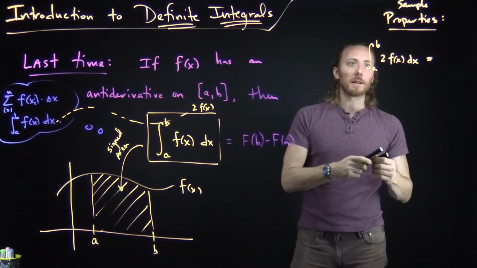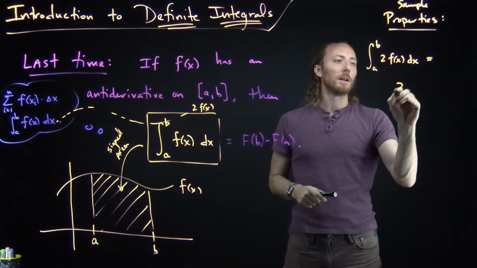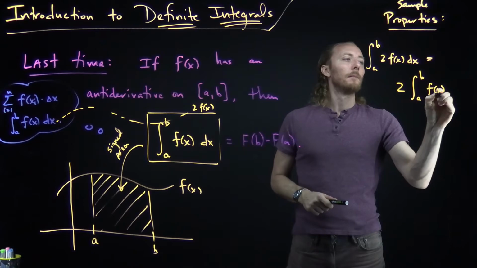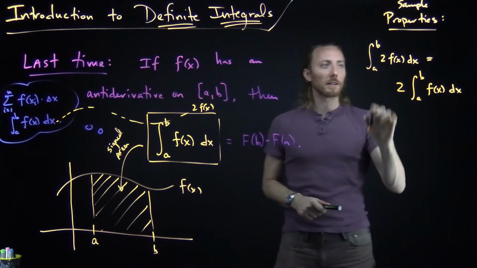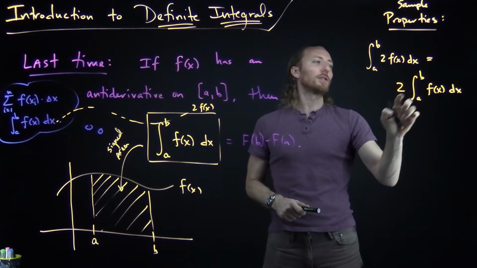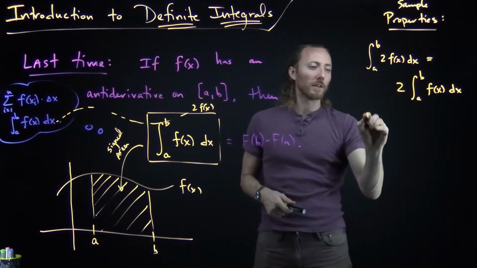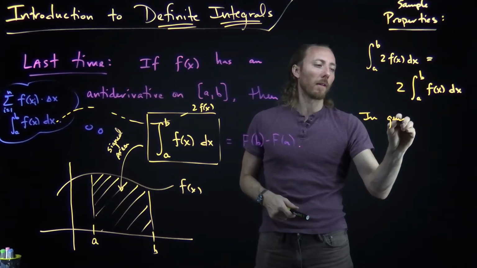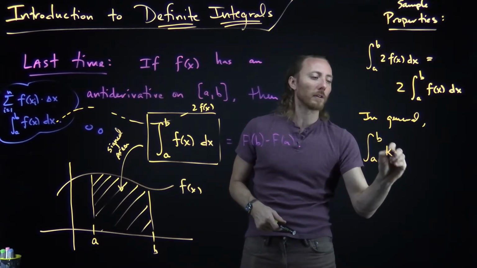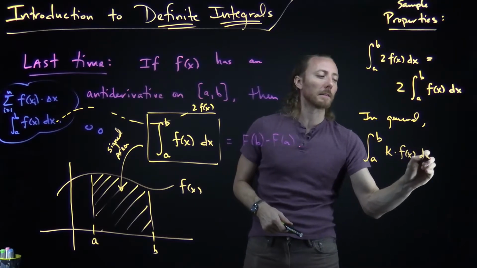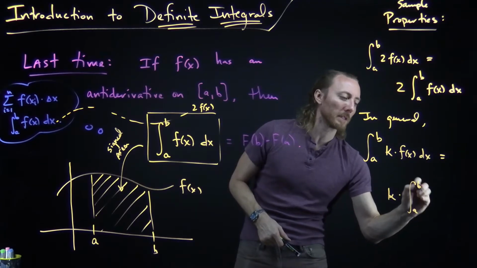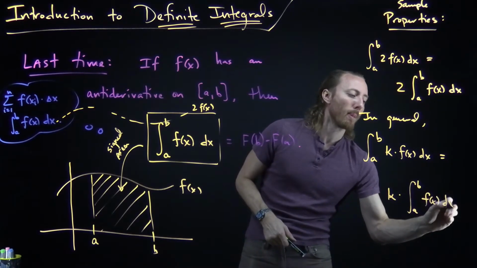And so ultimately, this expression would turn out to be twice the integral from a to b of f of x dx. So essentially, a function which is twice the height would have an area that is twice the area. Or in general, you could say something like the integral from a to b of whatever constant k times f of x dx would be equal to k times the area of the original.